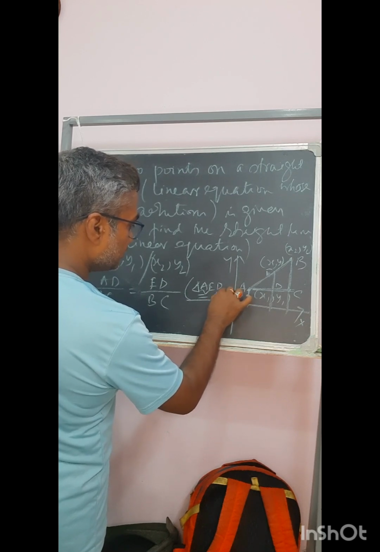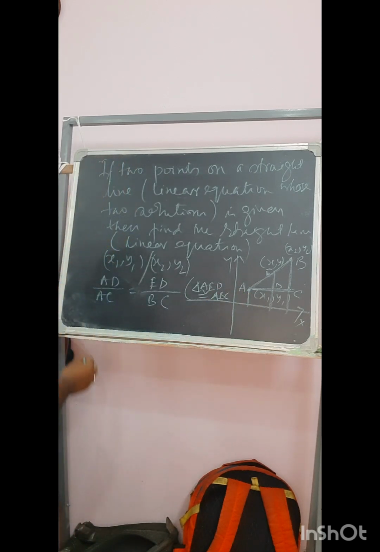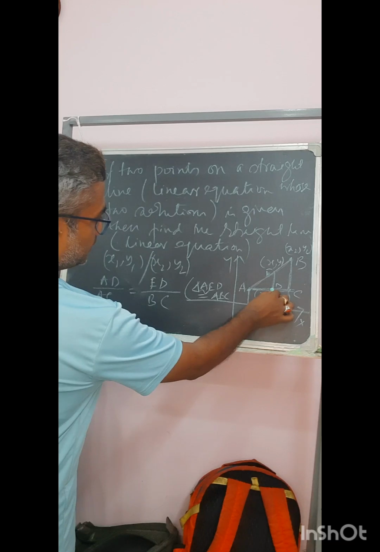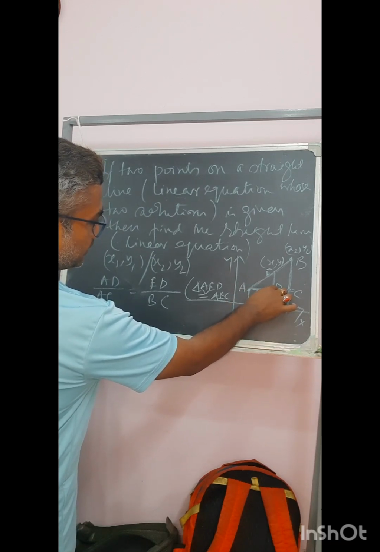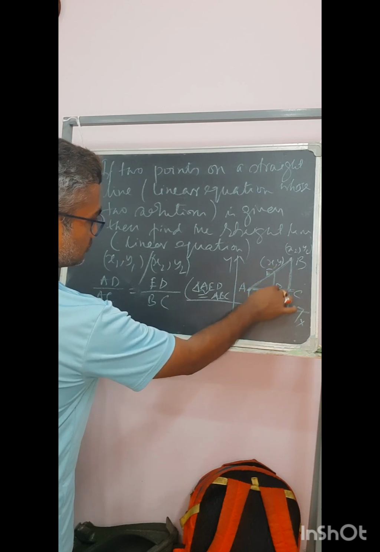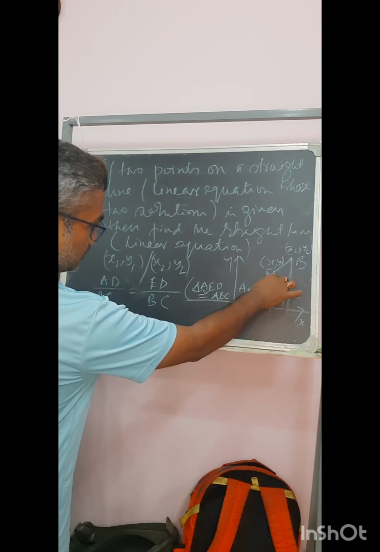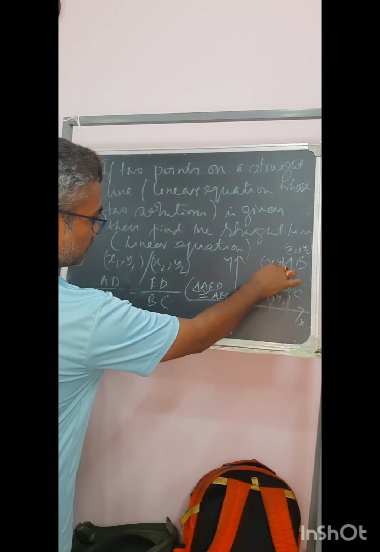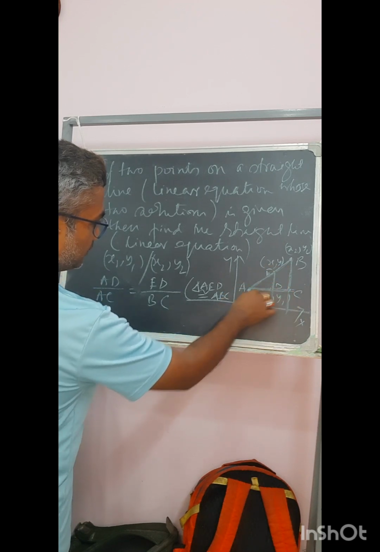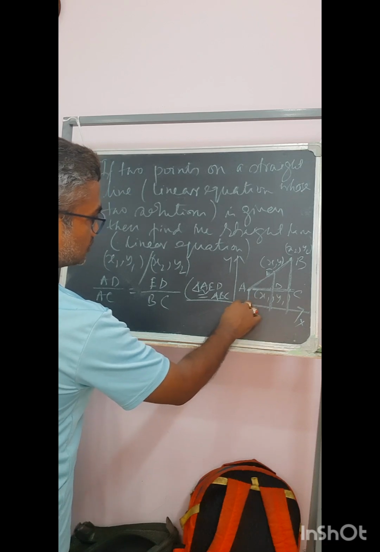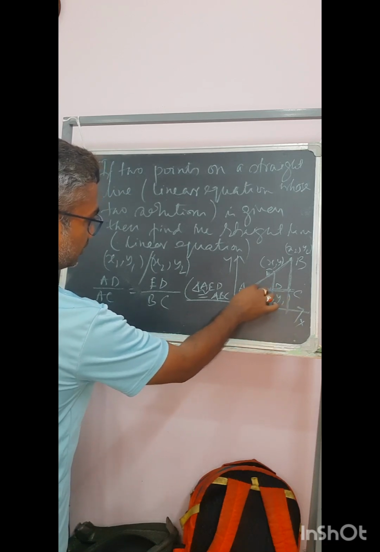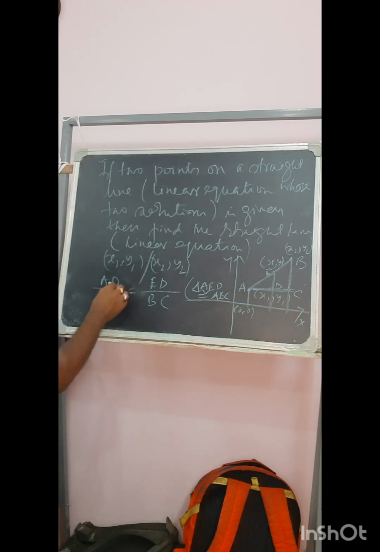So AD is what? AD is the difference between the x coordinate of this point and this point, because this will be dropped vertically, so the location of this point is equivalent to this point from the reference 0, 0. So this would be x, and x minus x1 will give you AD.